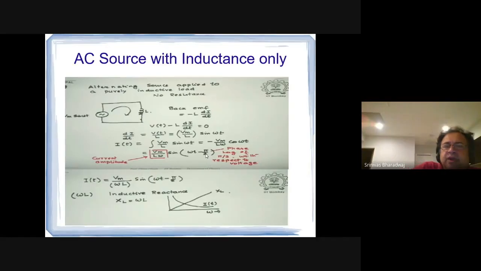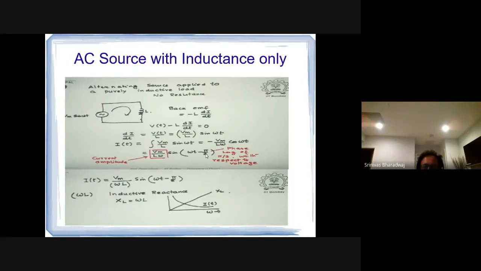Okay, so now, instead of just a resistor, if you introduce a purely inductive load, and they introduce this term L, they are not talking about M, which is the mutual inductance, but the self-inductance. It's like a solenoid that has been added to a circuit.